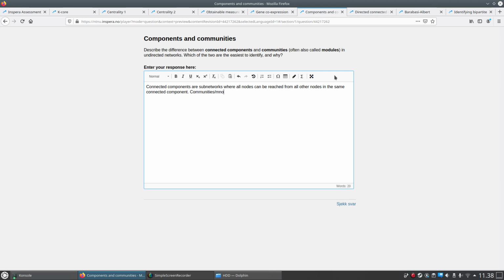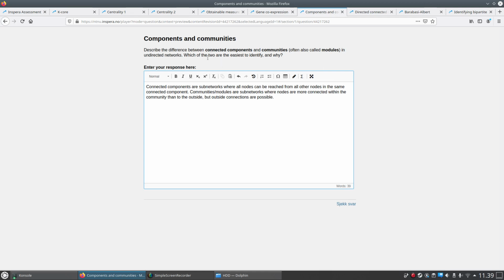Communities, or modules, are subnetworks where nodes are more connected within the community than to the outside, but outside connections are possible.